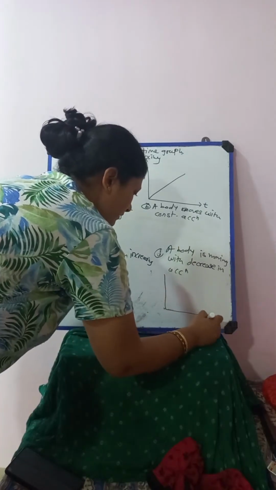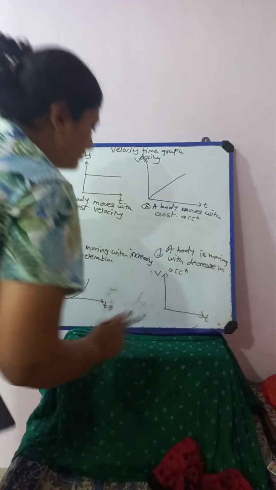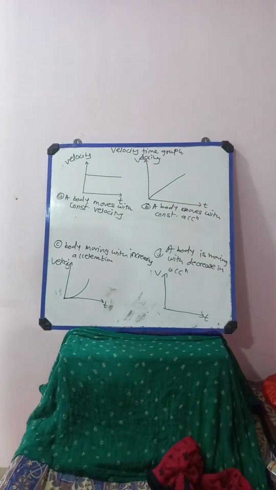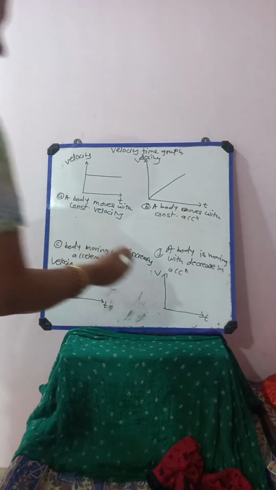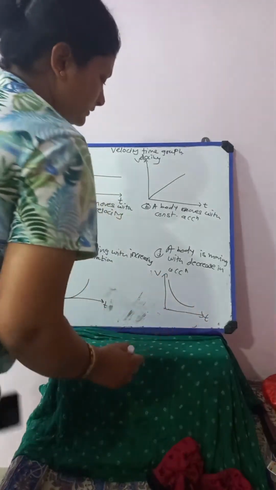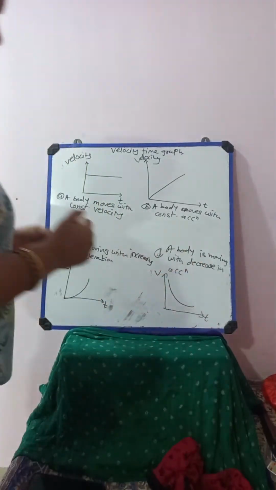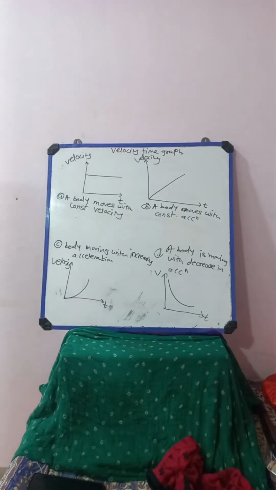So if we have time and velocity on the y-axis, with the decreasing acceleration we will get a graph like this. Means time increases, velocity is what? Decreasing. So that is nothing but a decreasing graph. So copy these, two more are there, that also I will explain.